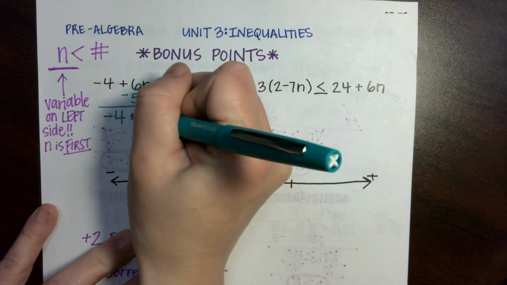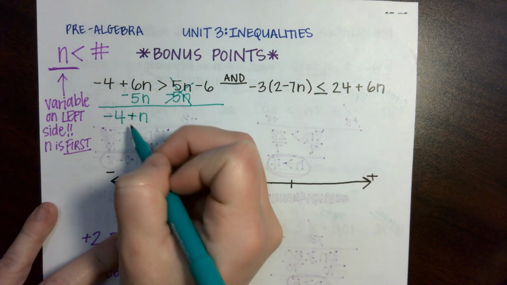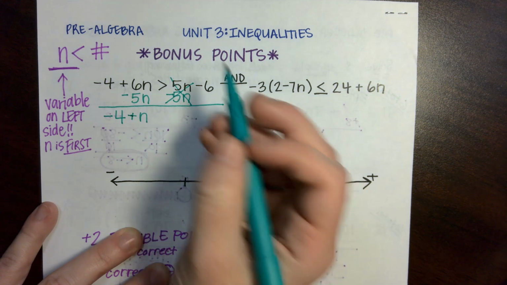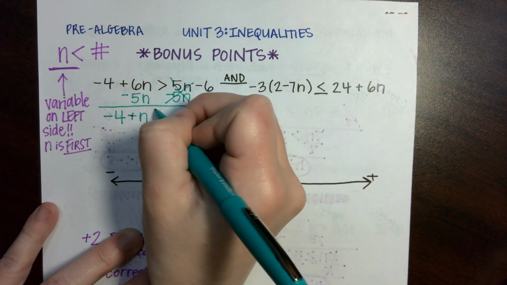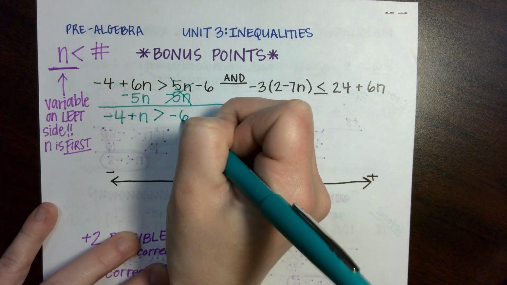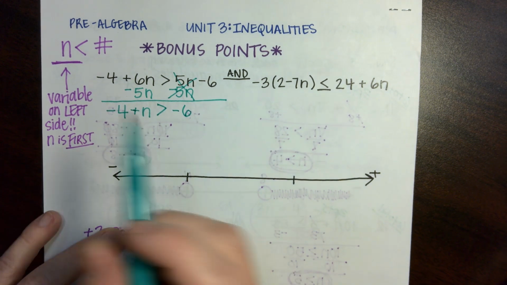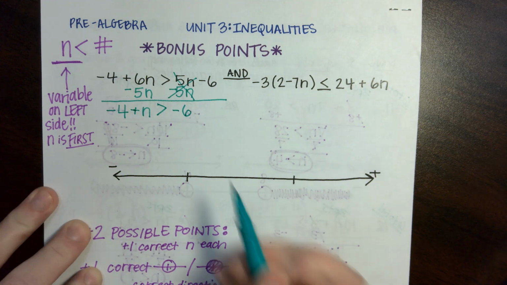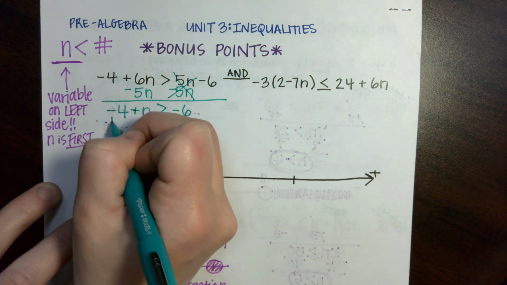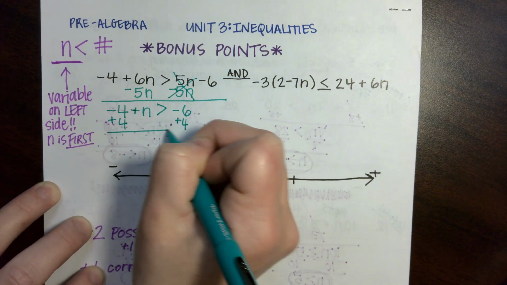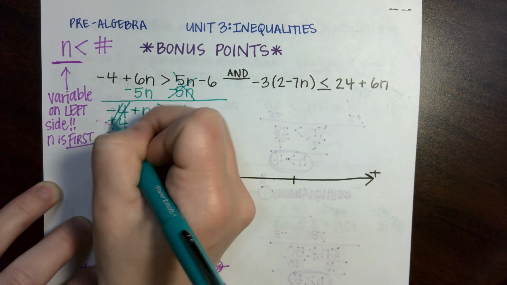Okay, so now I've got negative 4 plus n, or 1n. And what else do I bring down? Greater than -6. Okay, I almost have n by itself now. What do I do next? Yep, +4 to both sides. My 4's will cancel.